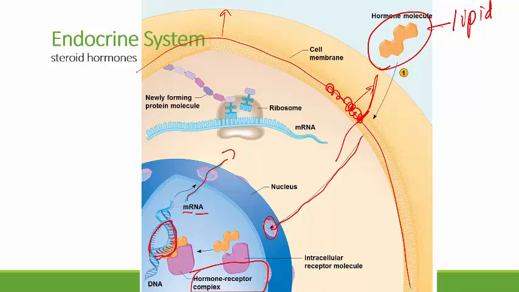Once it's out in the cytoplasm, because it's got instructions for building proteins, the ribosomes that are out in the cytoplasm will come and lock in around this strand of messenger RNA.